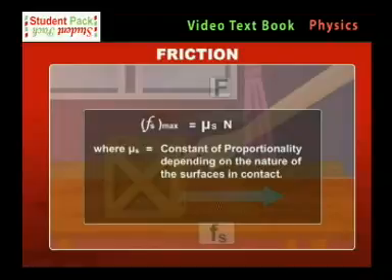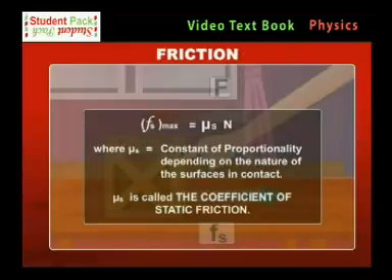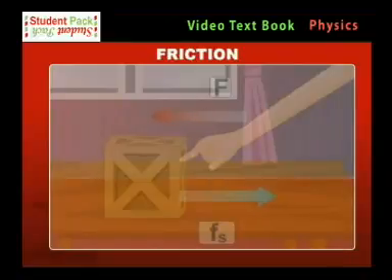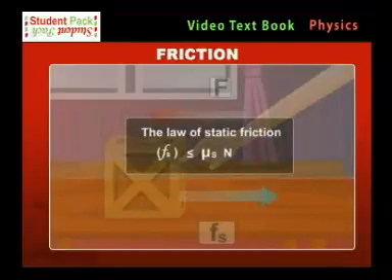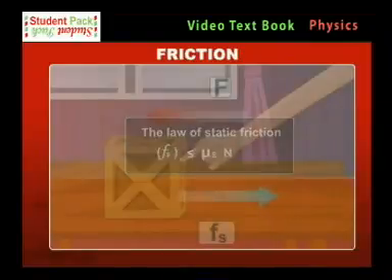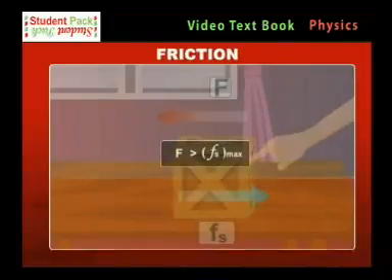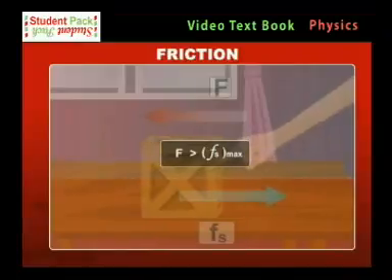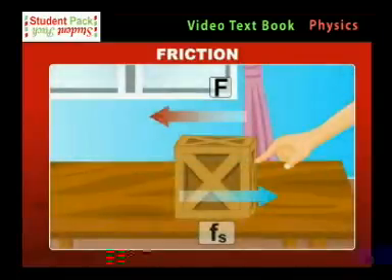The constant mu s is called the coefficient of static friction. The law of static friction may thus be written as Fs is less than or equal to mu s into N. If the applied force F exceeds Fs max, the body begins to slide on the surface.